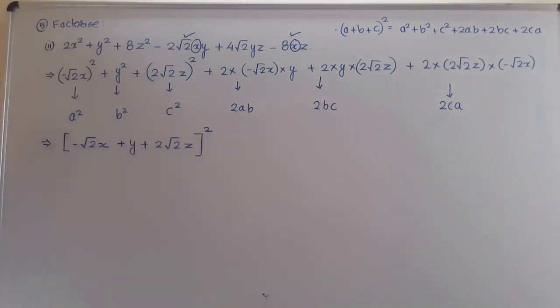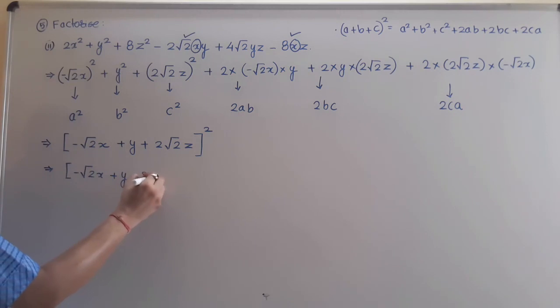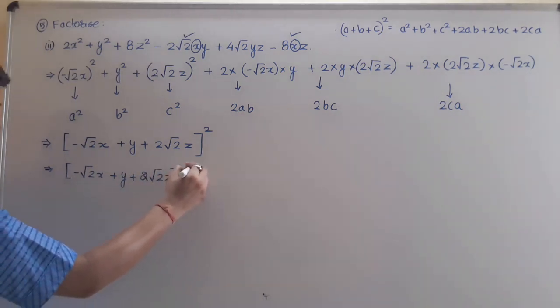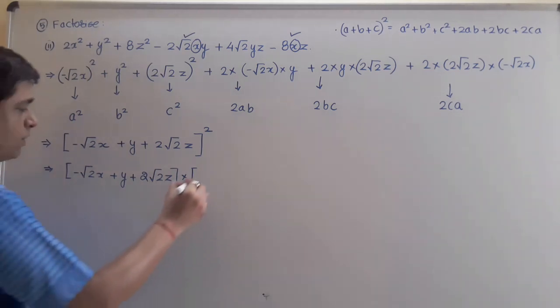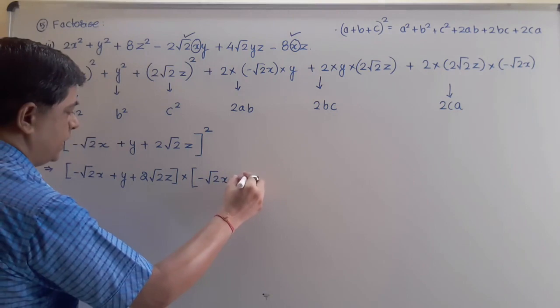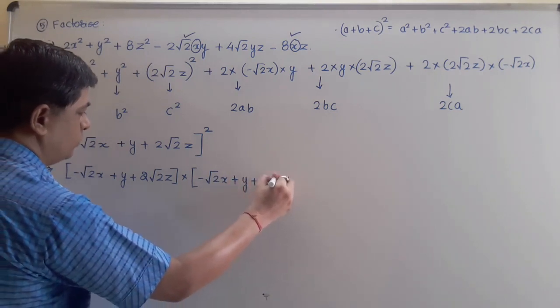Now since power 2 is coming, so we shall write down the given term into two forms. Okay, so let us see. Minus sign of under root of 2x plus y plus 2 under root of 2 z, and then again you can multiply the same term here, minus sign of under root of 2x plus y plus 2 under root of 2z.